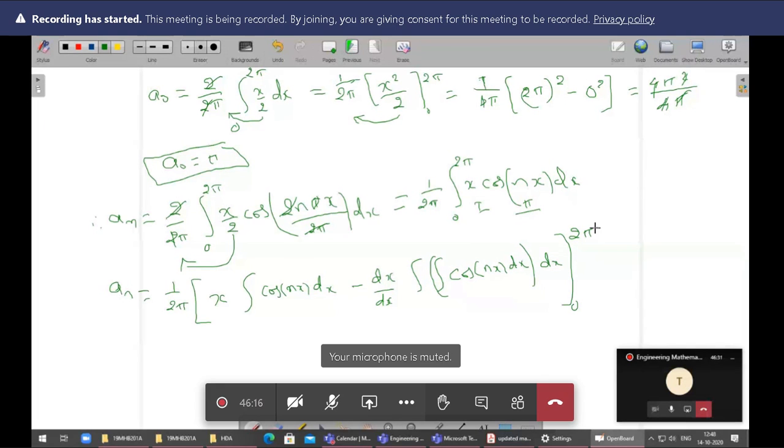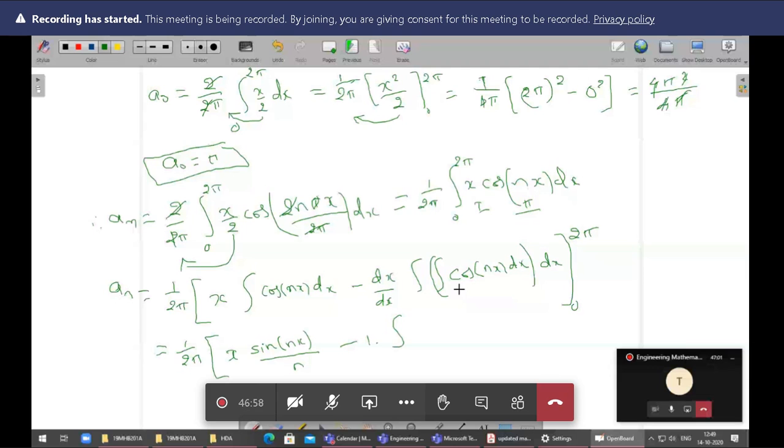With this I need to simplify 1 by 2 pi. I am explaining this problem in detail, please don't mind. So x into integration of cos nx is simply sin nx divided by n, minus derivative of x with respect to x, which is 1, into integration of cos nx, which we just got as sin nx by n, into dx, with limits from 0 to 2 pi.